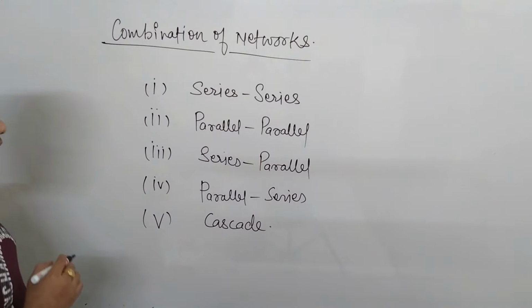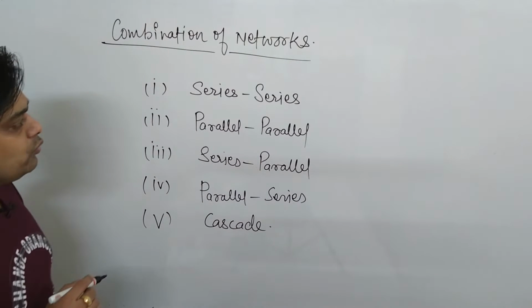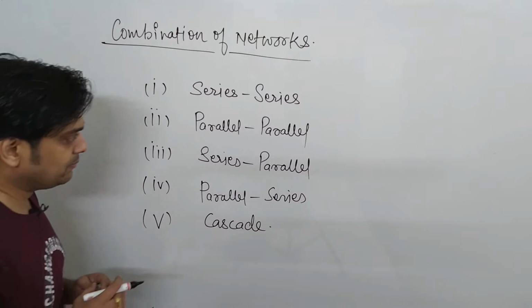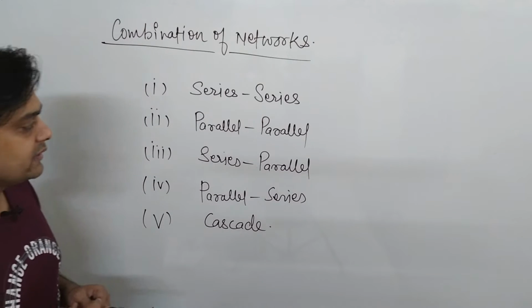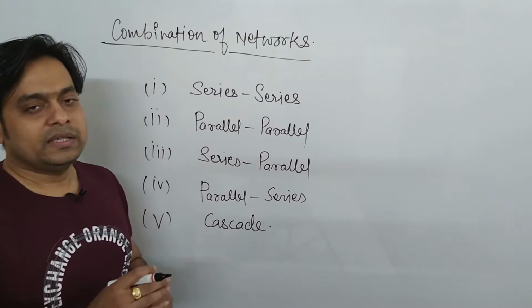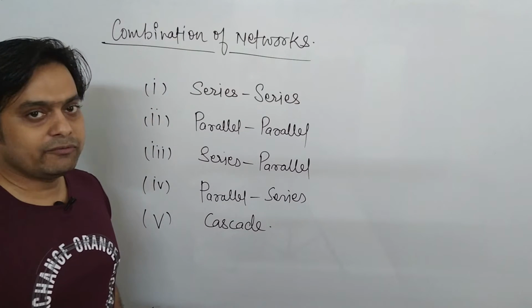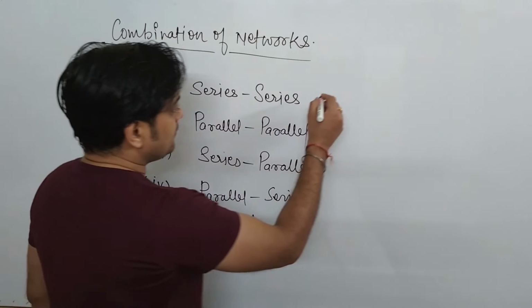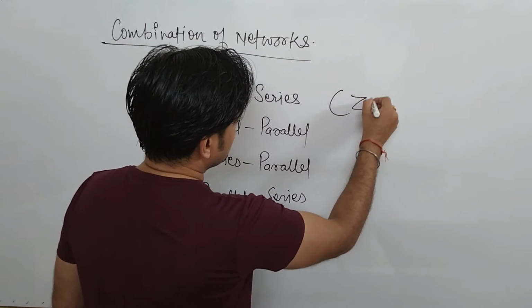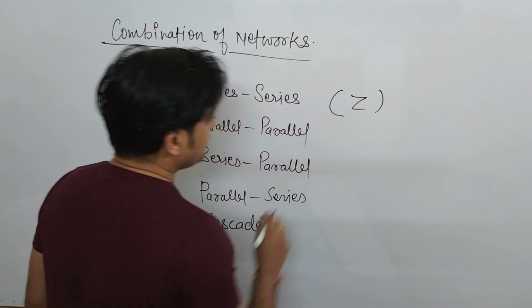So these are the 5 different conditions in which we will see when two networks are connected in series, when they are connected in parallel form, then series parallel form, then parallel series, and then in cascaded form.